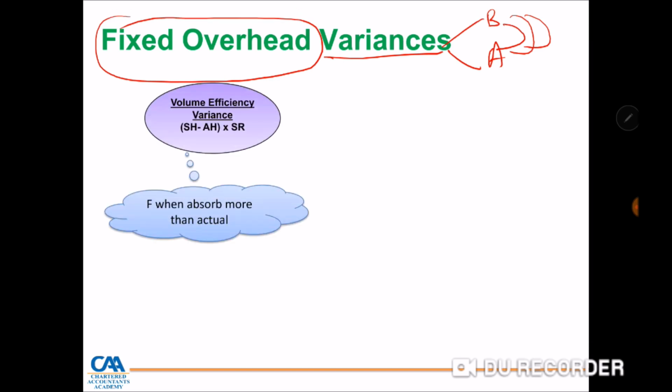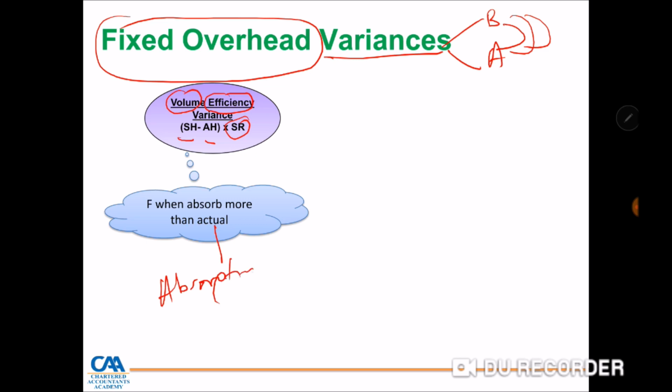Okay, so our fixed overhead variances, we have a volume efficiency variance. Like I've always been saying, you need to know the volume efficiency variance. And here the formula says standard hours minus actual hours times standard rate. Here we are assuming that we are using absorption costing.